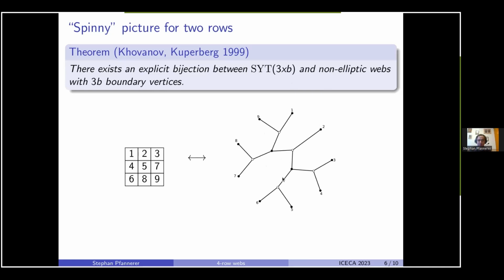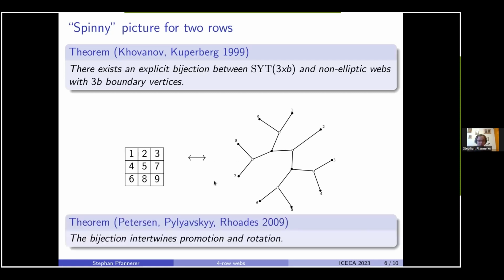So the smallest face that's allowed is a hexagon. And 10 years after the theorem by Khovanov and Kuperberg, Petersen, Pylyavskyy, and Rhoades proved that this projection actually intertwines promotion and rotation. And this again is kind of a proof by picture for a 3-row standard Young tableau, why applying promotion n times gives you back the tableau that you started with.